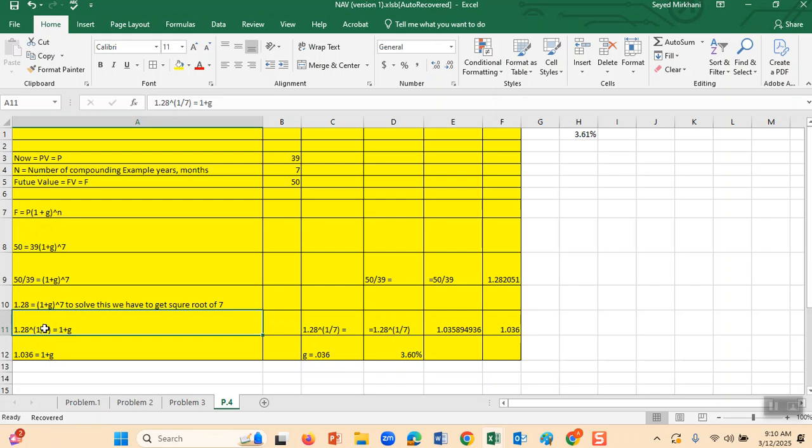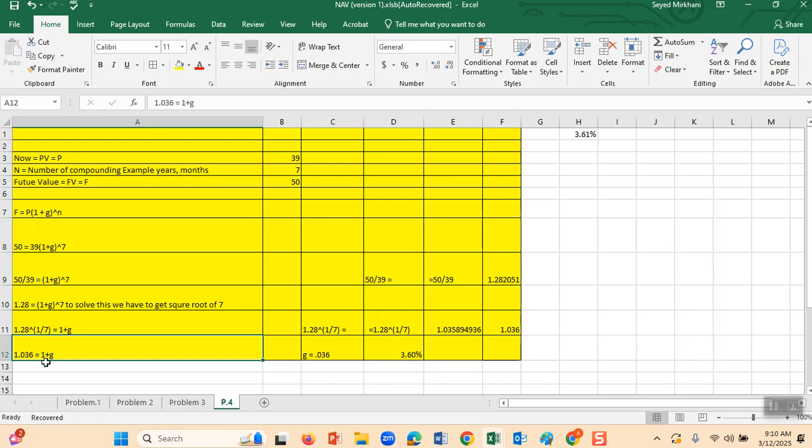Now, Excel can easily calculate that. How? I put my equal sign. I say 1.28 to the power, I open the parenthesis, I put 1 divided by 7, I close the parenthesis, and I get 1.036.